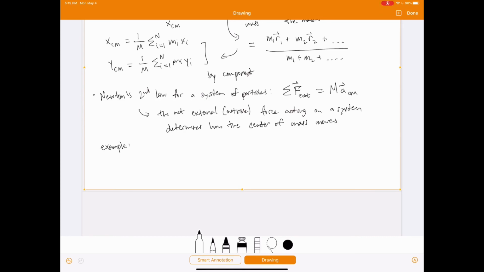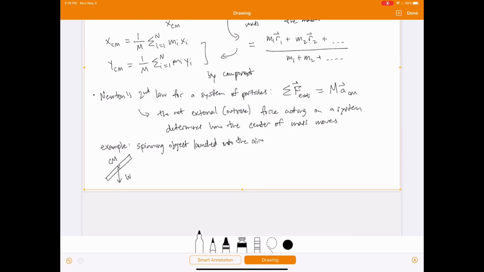Okay, a spinning object launched into the air. Let's say our object is this thing right here, just like a wooden plank. The center of mass is right there in the middle somewhere.